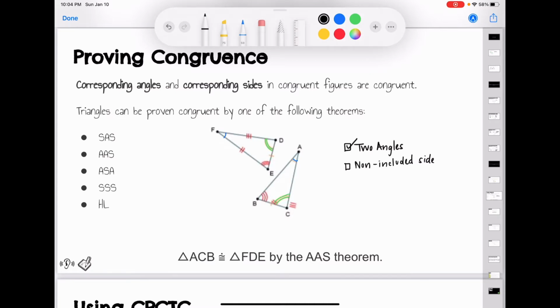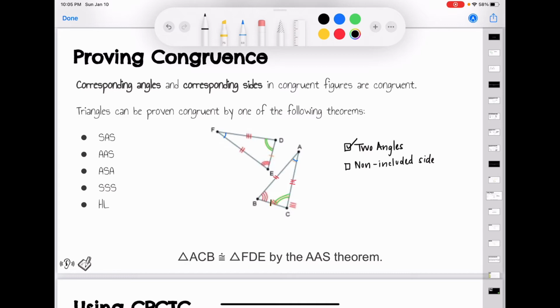And as you can see here, my symbols kind of got moved. But I can go ahead and show you what it would look like. So let's say when we were given this information, it appeared like this. So now I need to prove that a non-included side is congruent. I can say that I want to use the non-included side BC.